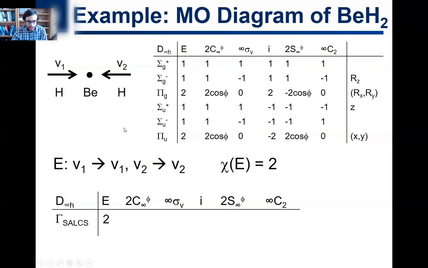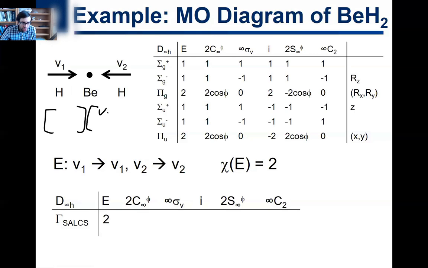And now what we've set up is sort of this v1, v2 space. And so v1 went to v1, v2 went to v2. This is going to give us a character of 2. And so just to be really clear about where this comes from, basically what we're doing here is thinking about this sort of matrix.